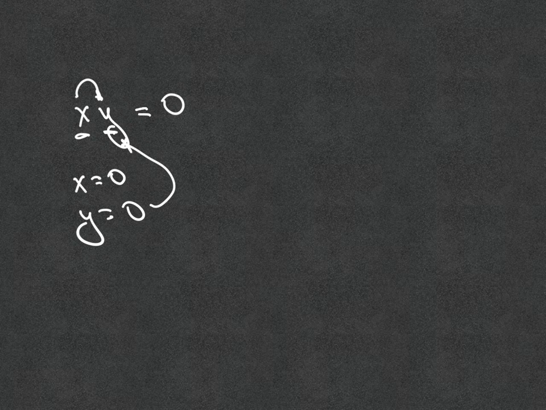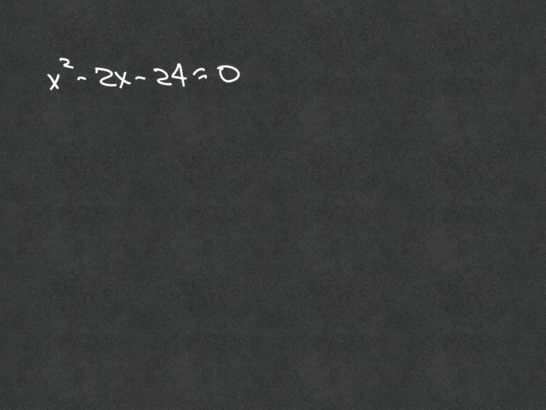All right, so let's look at example 5 here, and we'll see that in action. Remember earlier when we were factoring these, we didn't have them set equal to 0. We just factored. We weren't looking for what x equals.